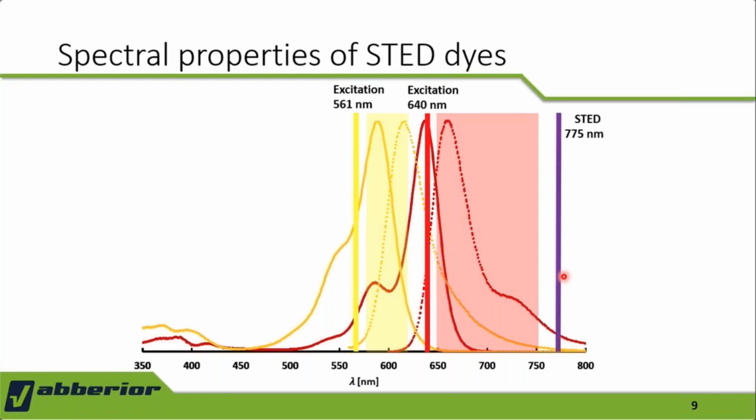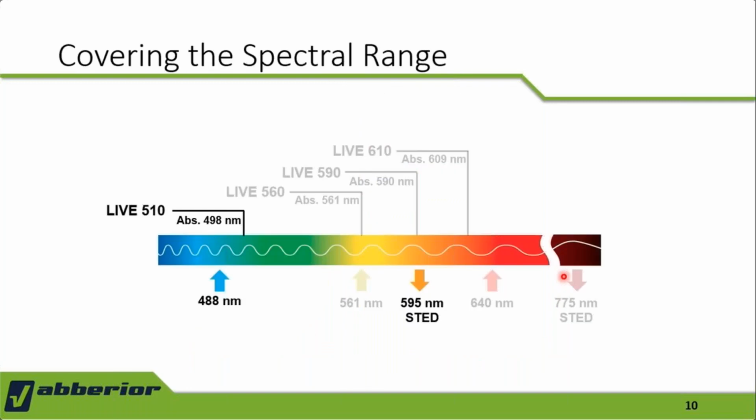Okay, so now, having all these things in mind, we can create different types of fluorophores covering more or less the spectral range. So we have the Life 510, which can be excited with 488 nanometer and can be used with the 595 STED laser.